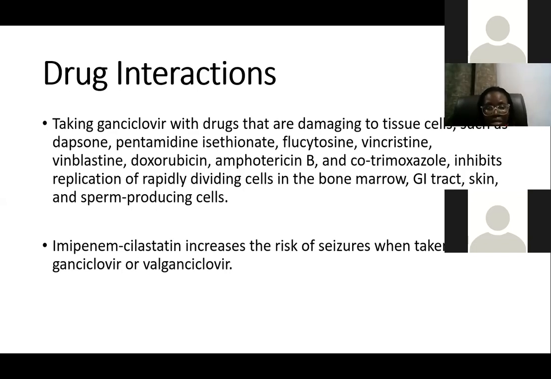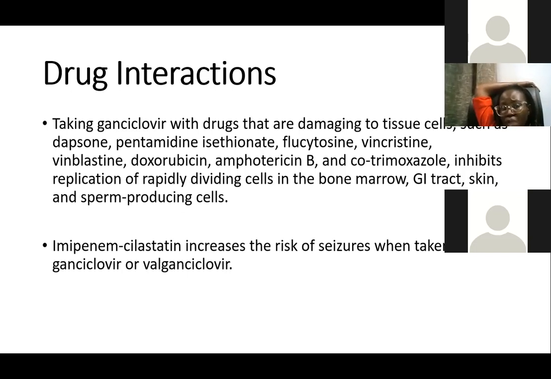Then when you are taking ganciclovir or valganciclovir with imipenem or cilastatin, there's increased risk of seizures. And this is very important information for the treatment of patients with meningitis/encephalitis. Sometimes when patients come in with meningitis, you are not sure whether it's a viral meningitis or a bacterial meningitis.